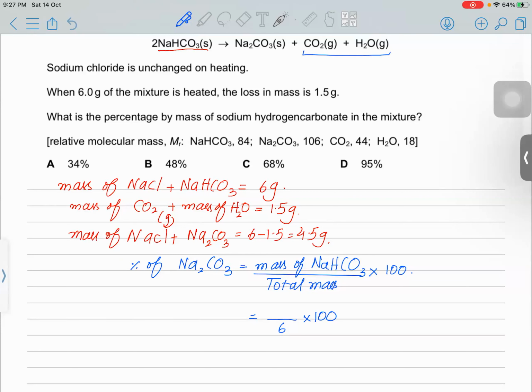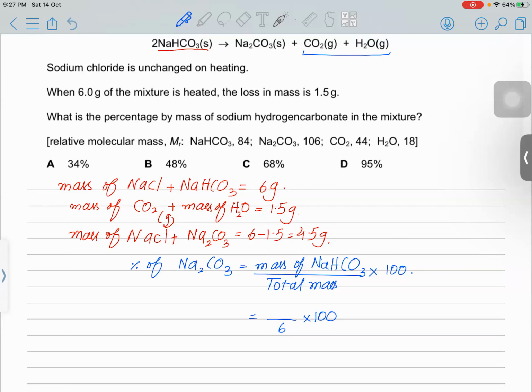First of all, try yourself. Sir, why do we do mass of NaHCO3 over total mass? Because you have to find the percentage. Percentage is always taken from the total. You know that your obtained marks divided by total marks, multiplied by 100, is your percentage.